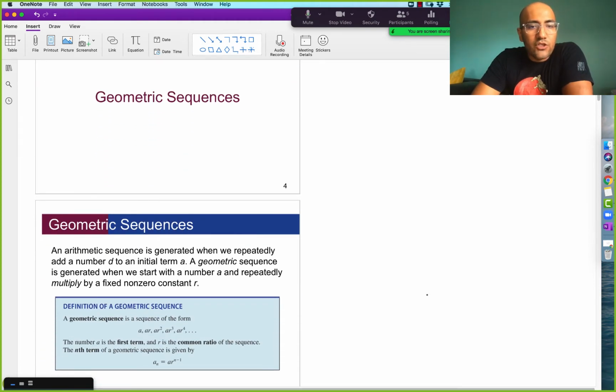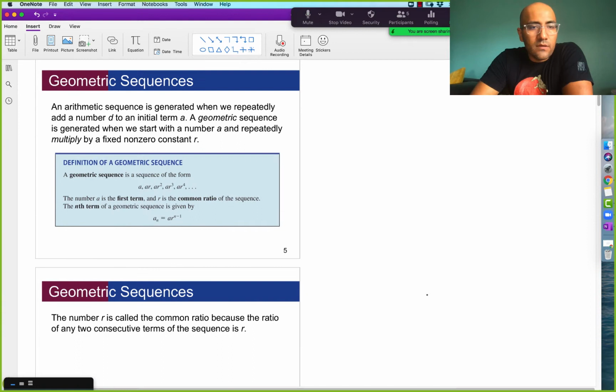So geometric sequence. We looked in general at what a sequence is, right? A sequence is just a list of numbers where the order matters.